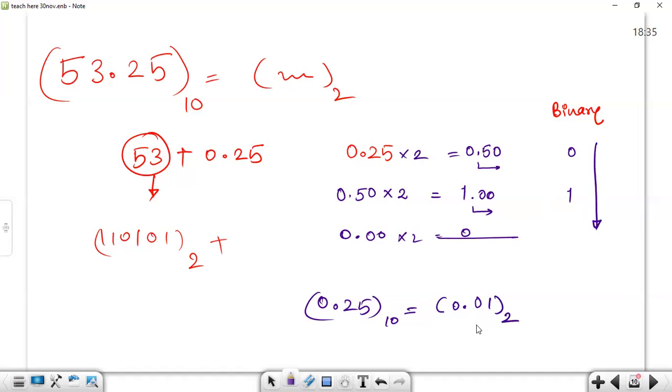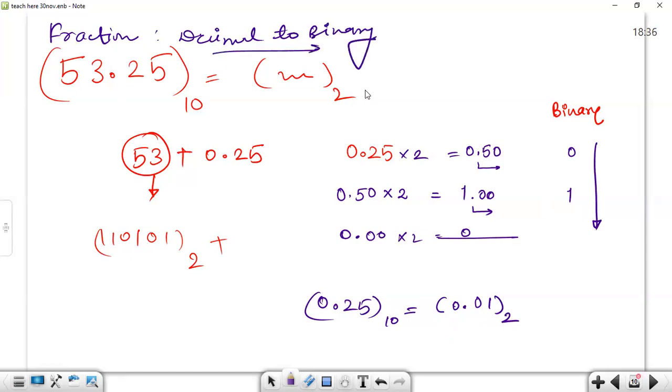This is how we will write a fraction, decimal to binary. Clear? Yes. Any doubts? No.